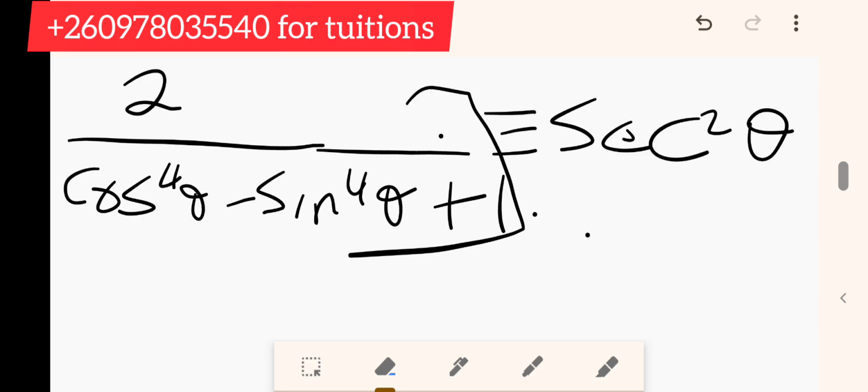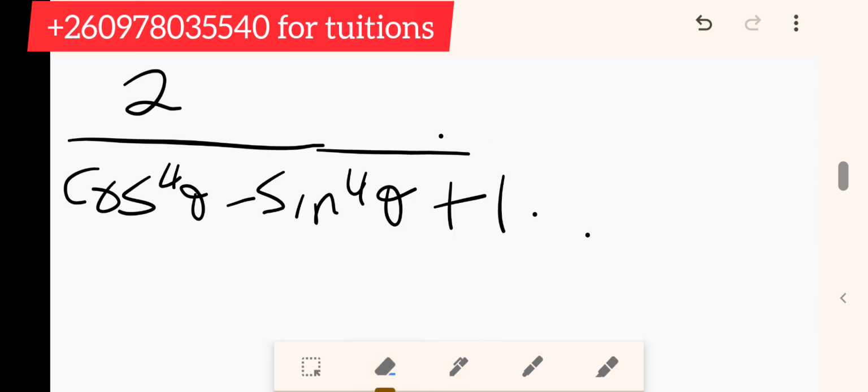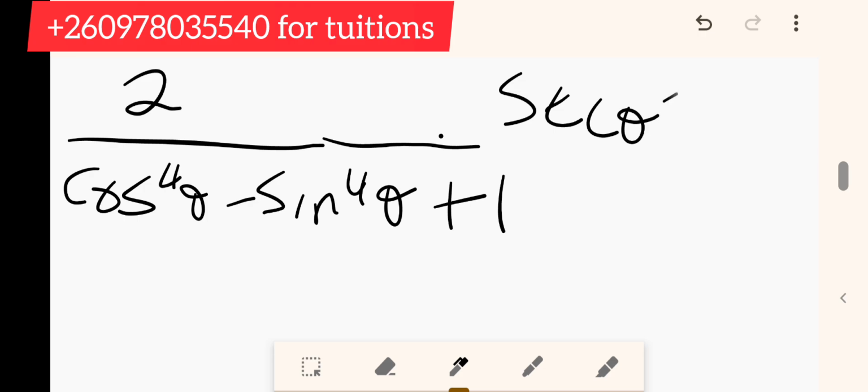Before I begin, let me just explain a few things which you have to understand. If you have sec theta, what does it mean? Sec theta is the same as 1 over cos theta.